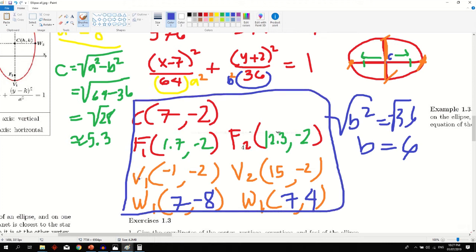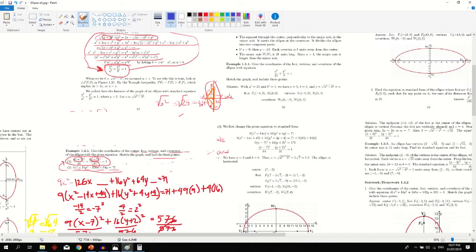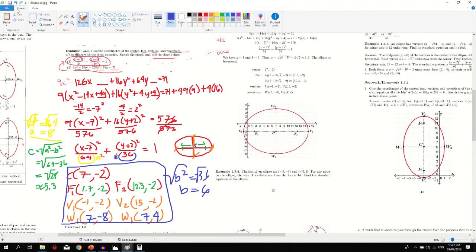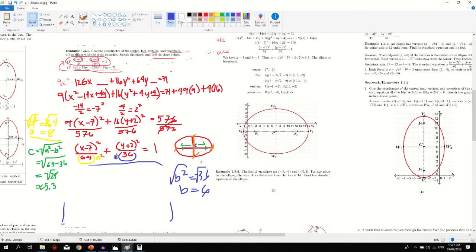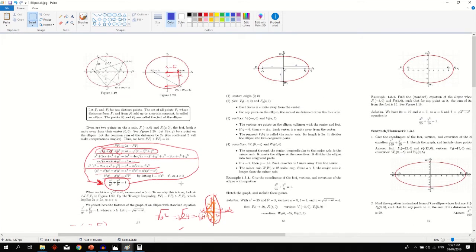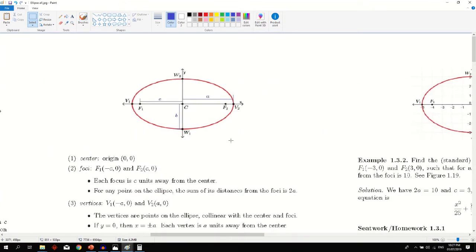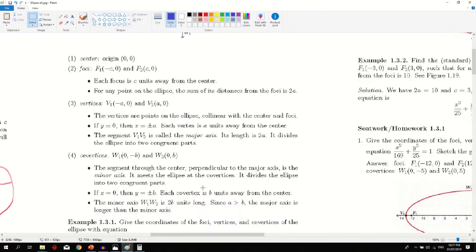So let's check if that one is correct. We will just cut this one and paste it somewhere that is close to the answer. Okay, so this one is the answer. Oh, no, that's not the answer.